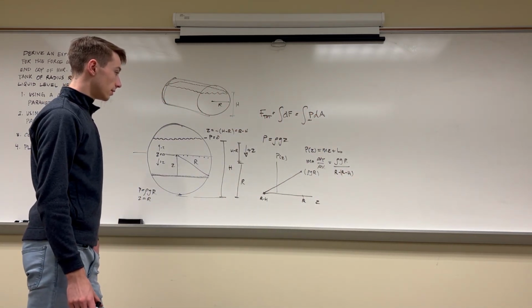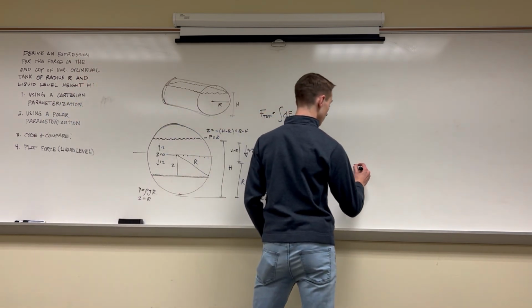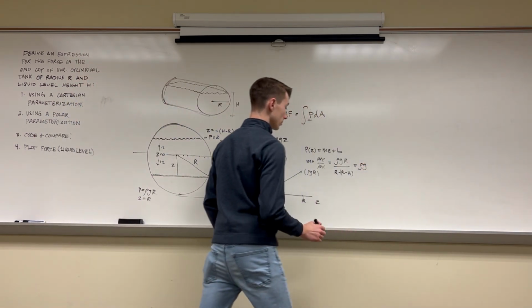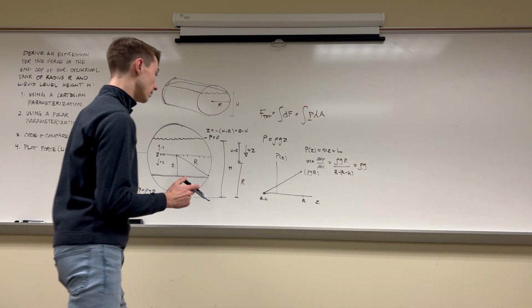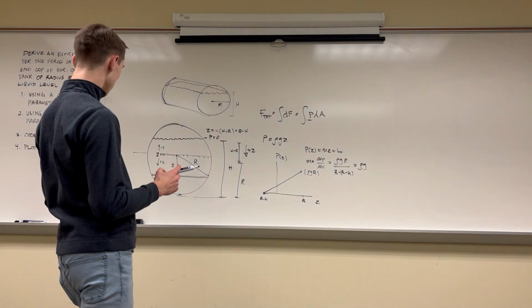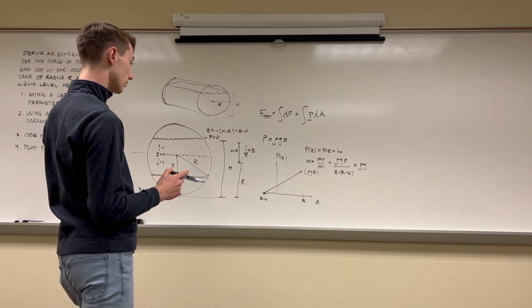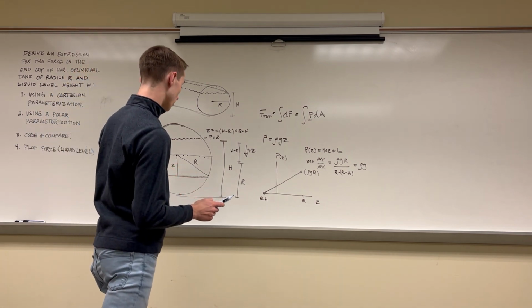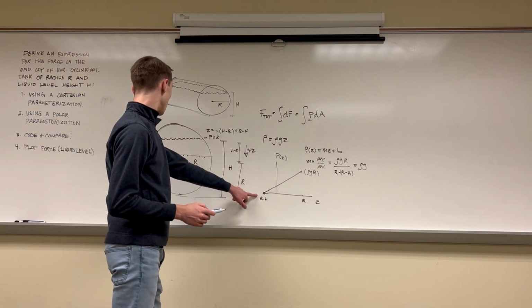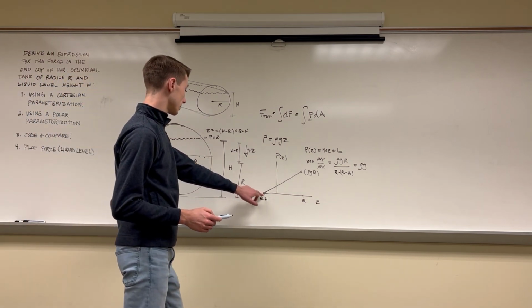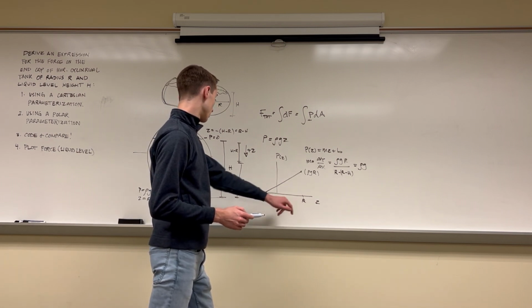Okay, so we can simplify this now. This becomes rho g, let's see, our r's cancel out, and I might have made a mistake here. Rho g r, let's double check this. We had r minus h, looks right.